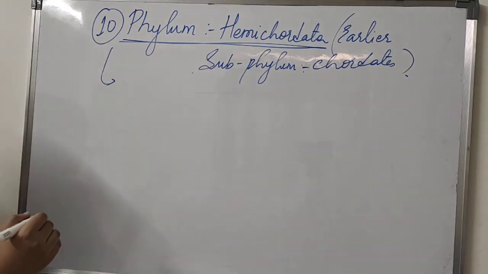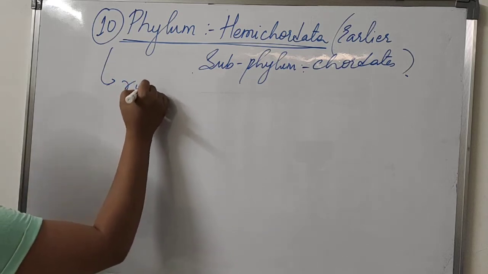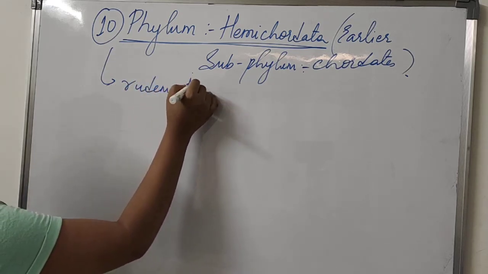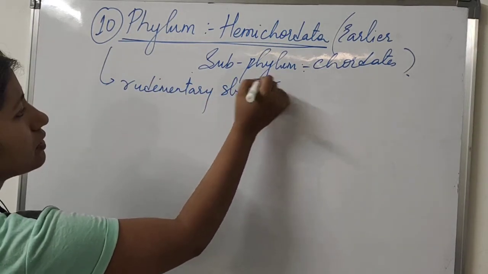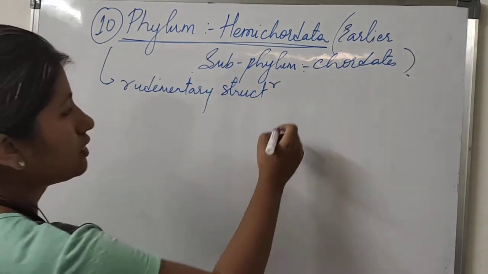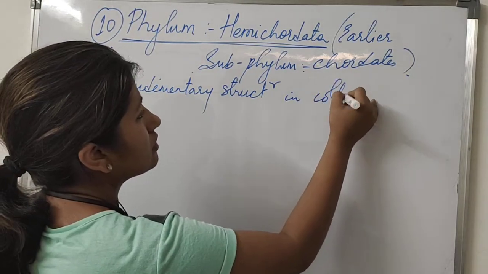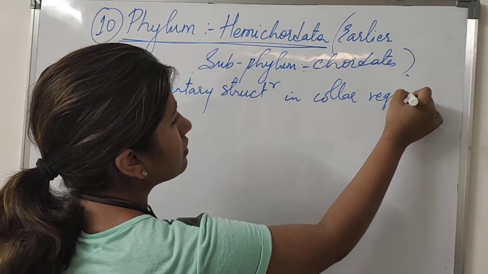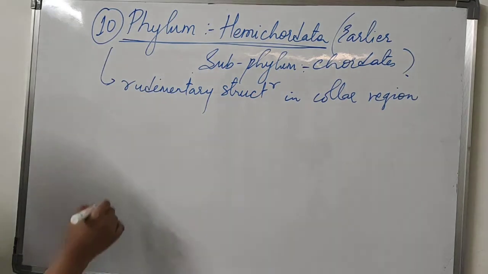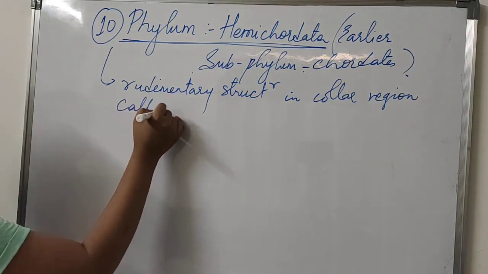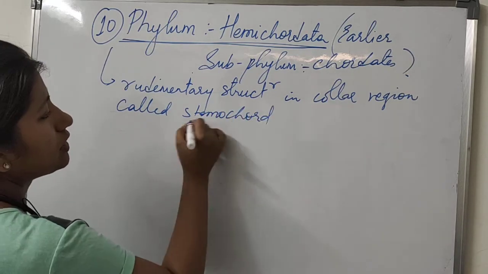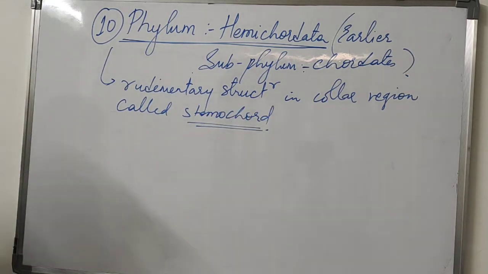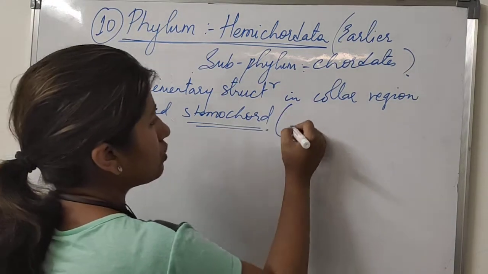The Hemichordata have a rudimentary structure in the collar region called stomochord, similar to notochord.